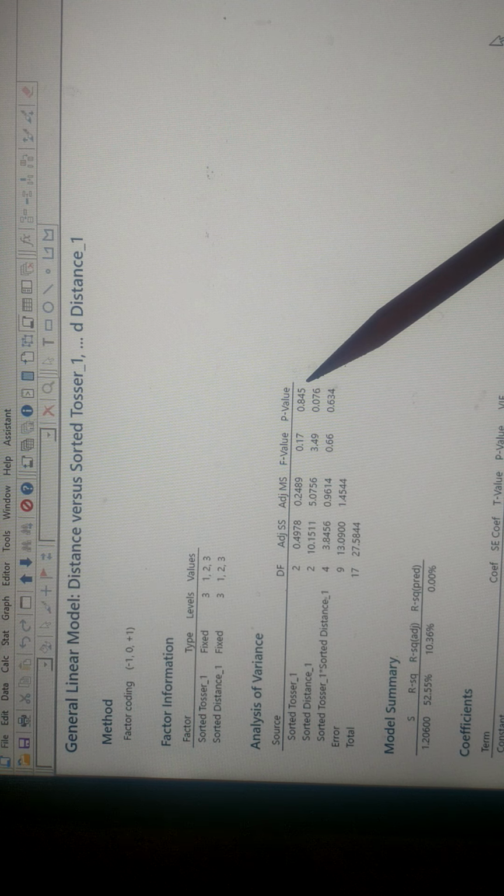Now, here's the weird deal though. If, for example, we thought, and probably correctly, that tosser was a random factor, our blocking factor tosser was a random factor, then it's that weird situation where you would go through your expected mean squares.